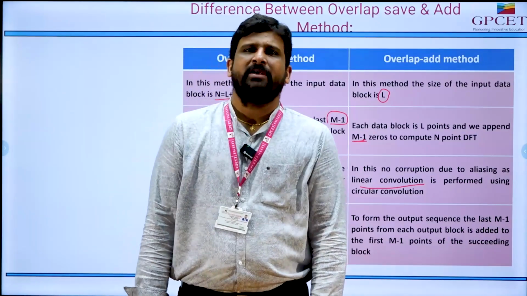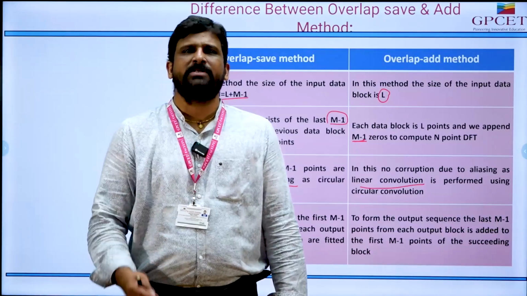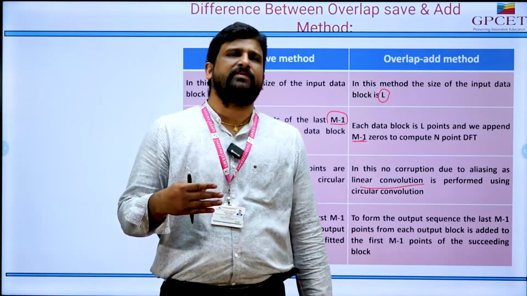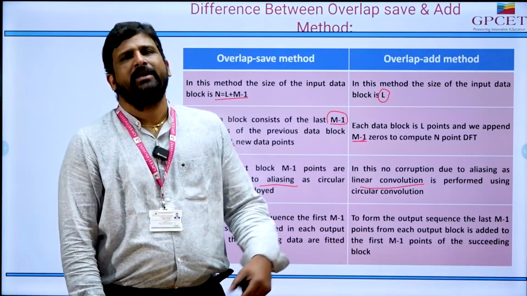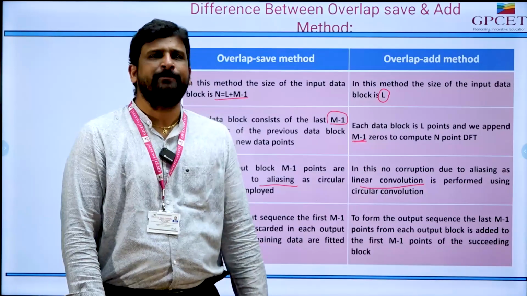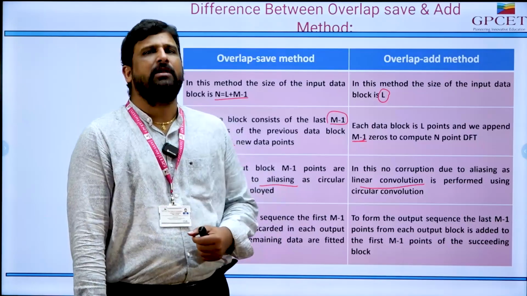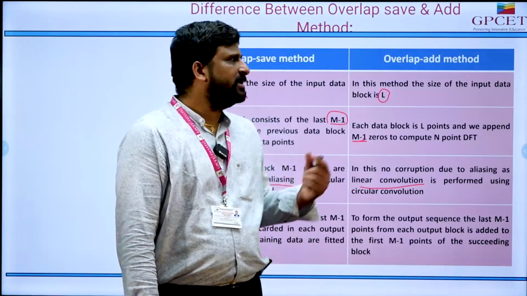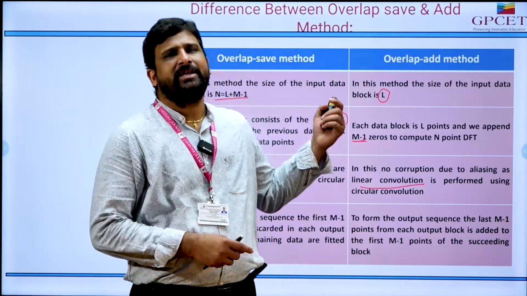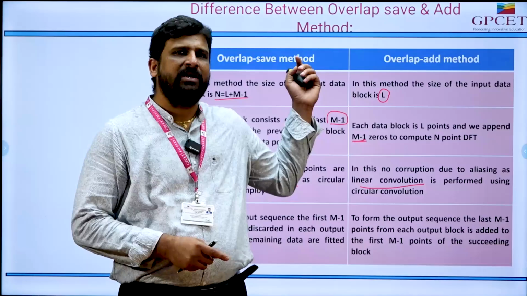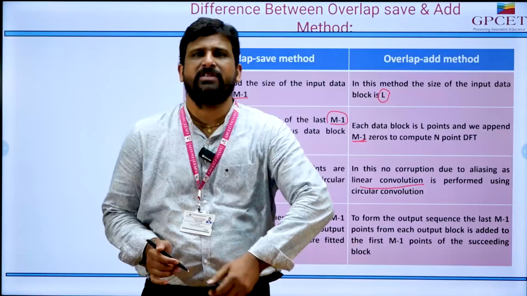Finally, with the help of DFT problems, we entered a new technique: with linear filtering, how sequences can be processed using the DFT and IDFT, and linear convolution by using circular convolution. And what happens if the length of the sequence is very long? For that, we have just seen two methods, the overlap add method and the overlap save method, which can handle a lengthy input sequence x of n. So this is all about the introduction to digital signal processing.